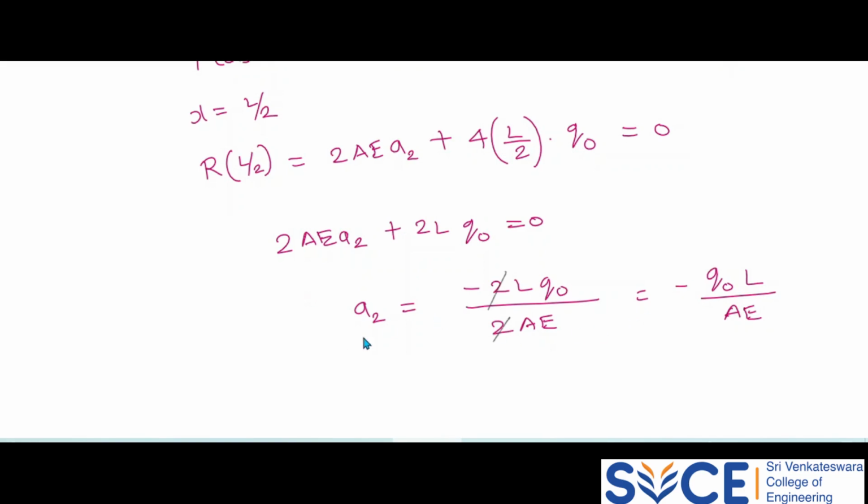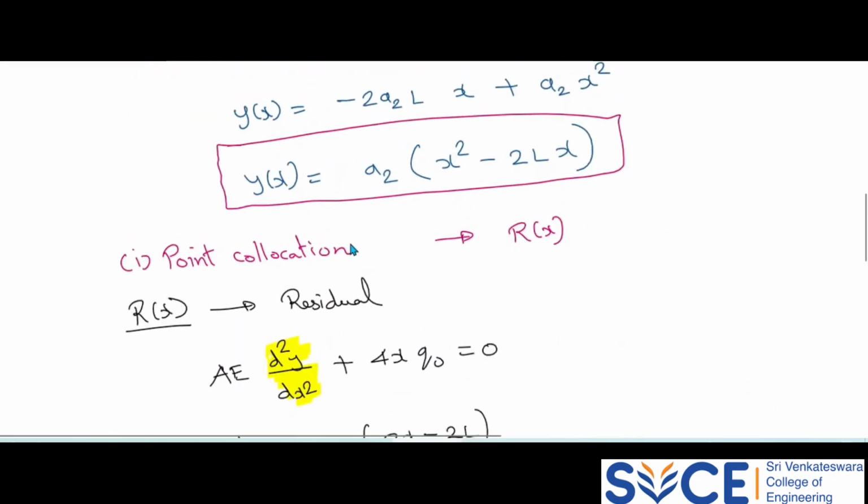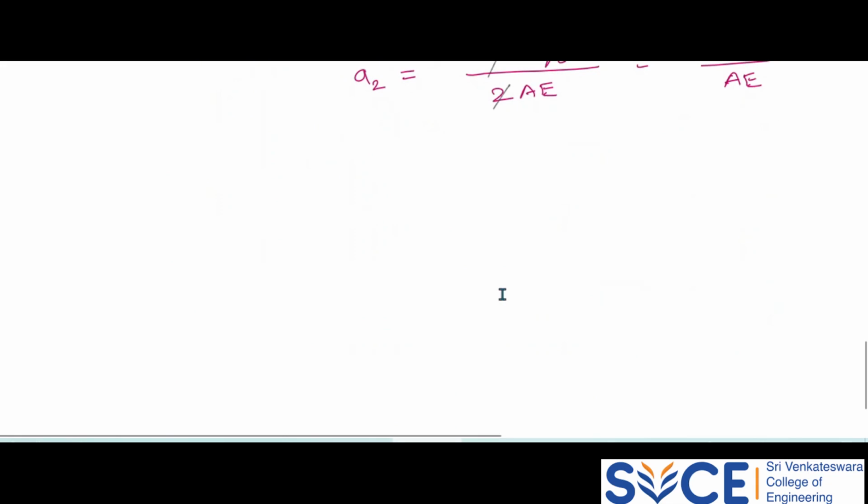So let us substitute this a2 in our trial function. What is our trial function? This is our trial function. Let me copy this particular trial function and put it here.